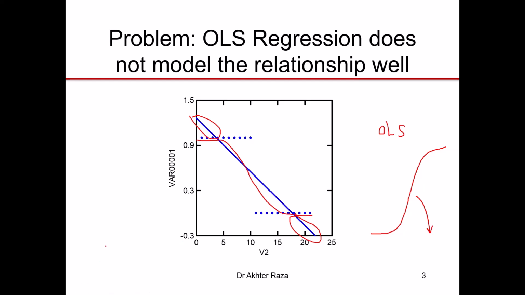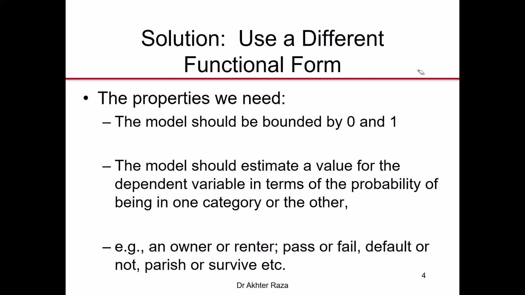So this is the summary, the introduction of logistic regression. The properties we need for the logistic model: the model should be bounded by 0 and 1. The model should estimate the value of the dependent variable in terms of probability. It will not give us a scaled value of the dependent variable; it will give us a probability.